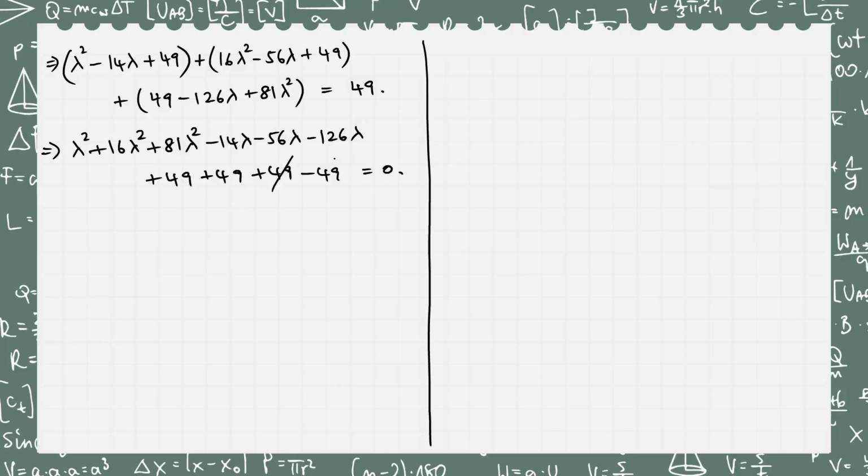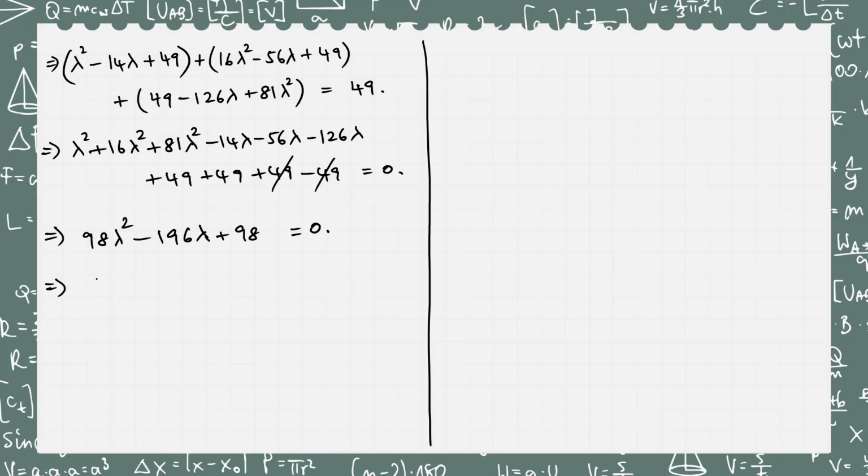So these two 49s will cancel and we get lambda square plus 16 lambda square plus 81 lambda square will be 98 lambda square, and minus 14 lambda minus 56 lambda minus 126 lambda, when we add them we get minus 196 lambda, plus 49 plus 49 is 98, equal to 0.